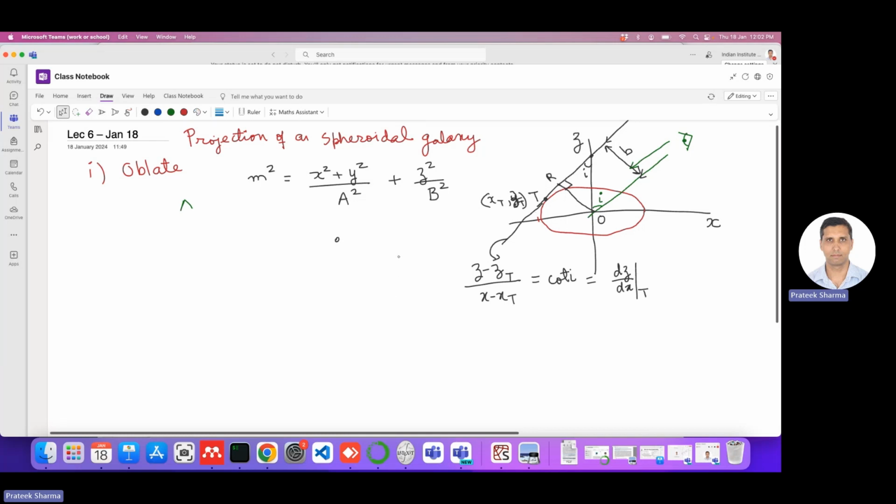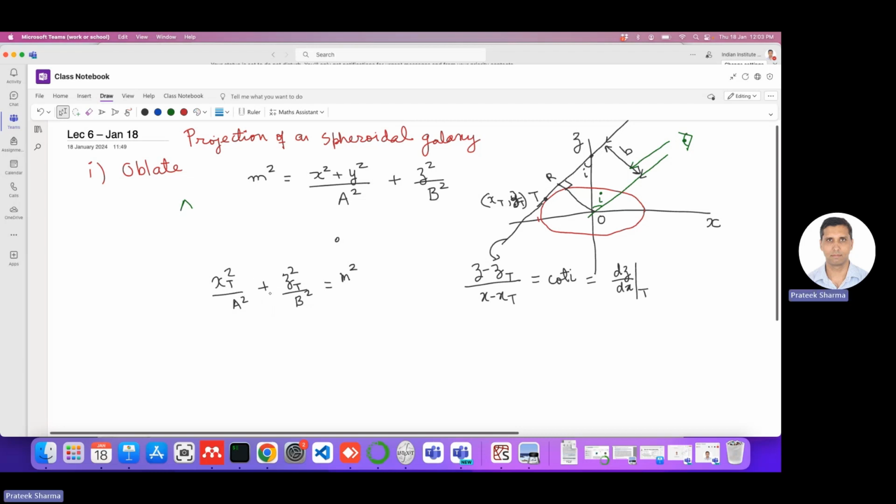But this point also satisfies the equation of the ellipse: xt squared by a squared plus zt squared by b squared is equal to m squared, since we are looking at the y equals 0 plane. Any point on this ellipse satisfies it.